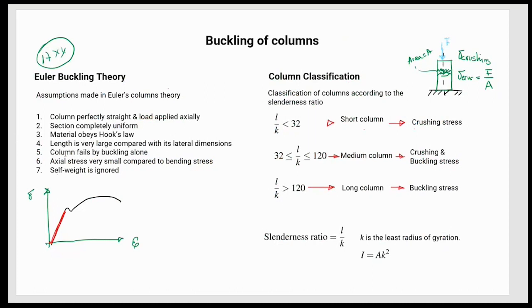The other one is that columns fail by buckling alone, and that starts giving us a hint about Euler's limitations.